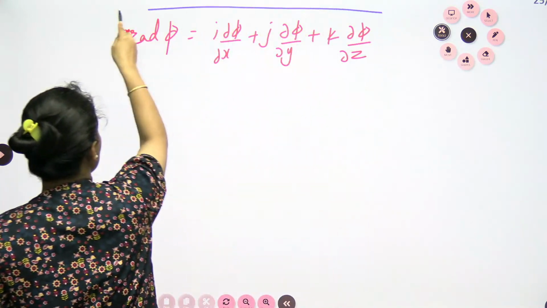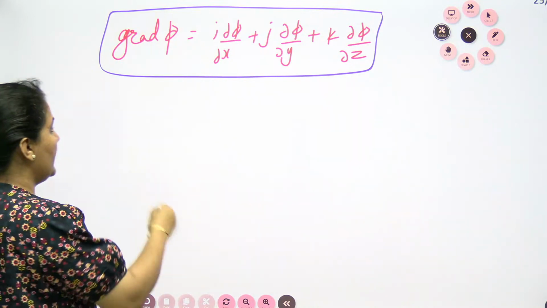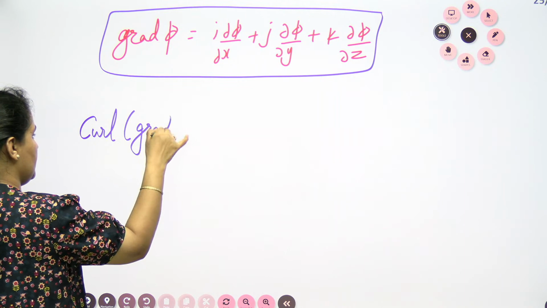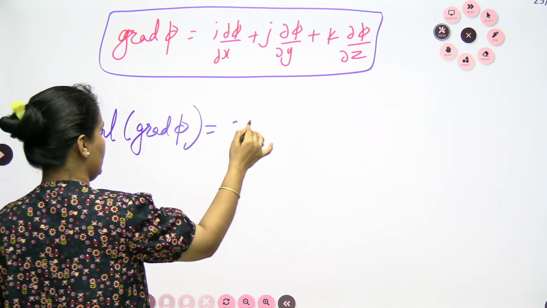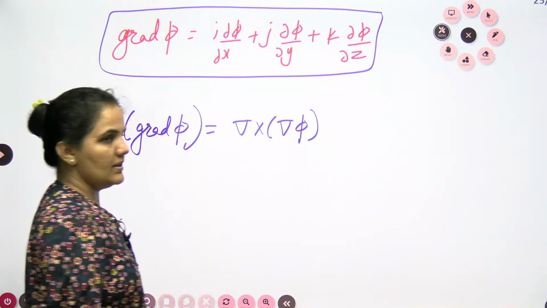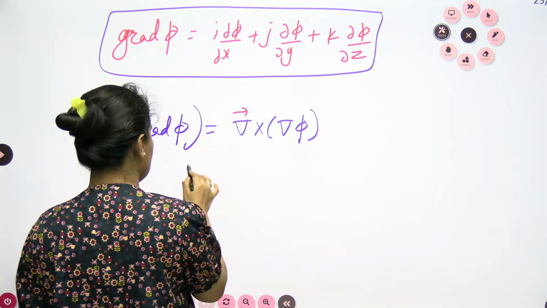This is the gradient of phi. I need to identify the curl of the gradient of phi, so it will be del cross del phi.